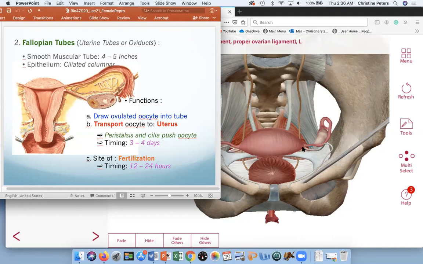When I was first learning this, I wondered why we needed a fallopian tube. I think I mentioned in the lab lecture, I always wondered why you didn't just ovulate directly into the uterus. And there are a number of reasons for that. One is that if you remember, for the follicular phase, the first half of that phase, remember 5 to 7 days, you're going to be menstruating, which means you're getting rid of the lining to the uterus.